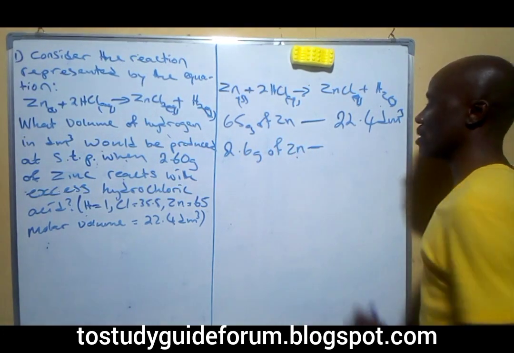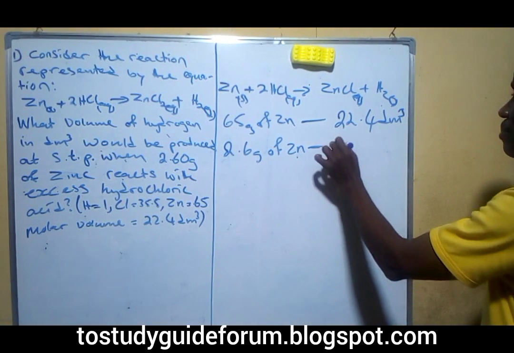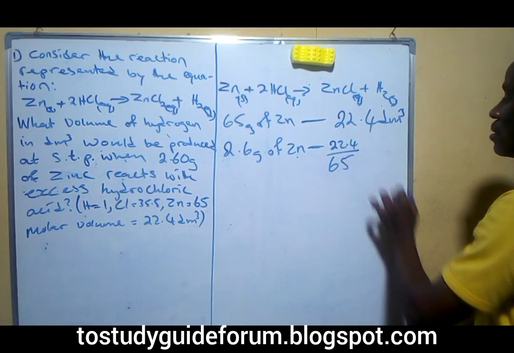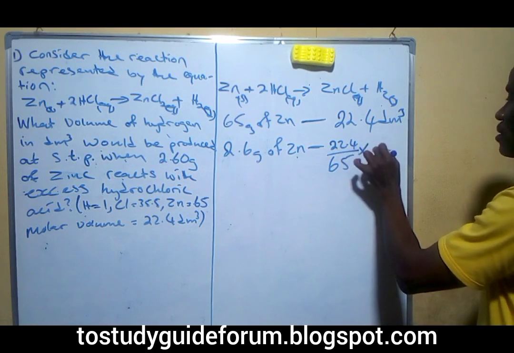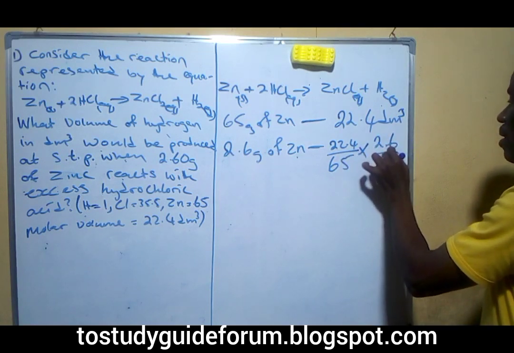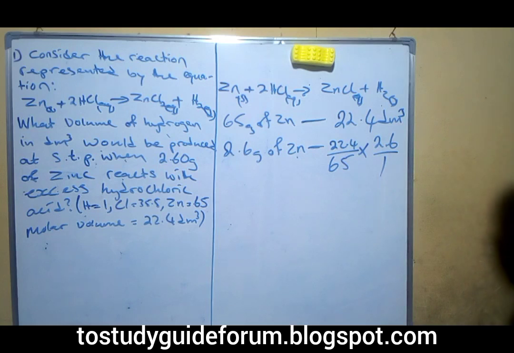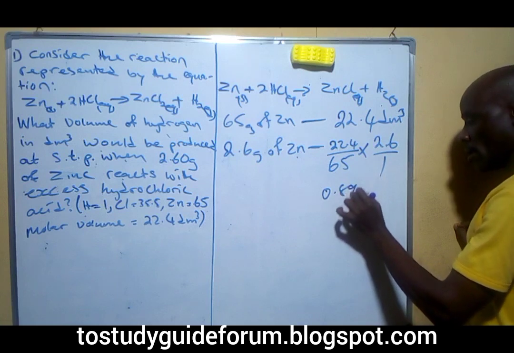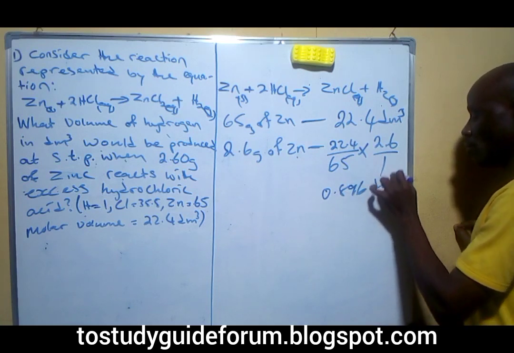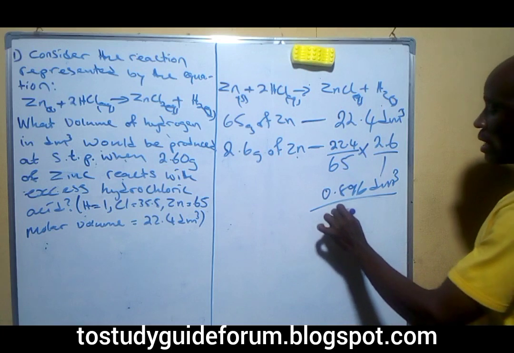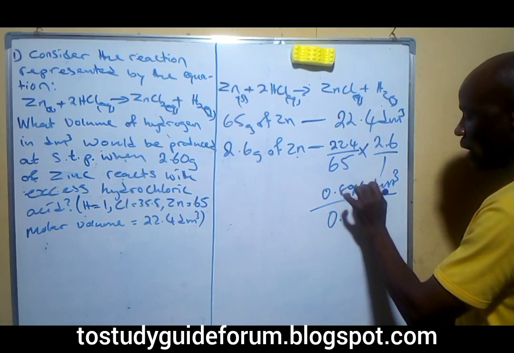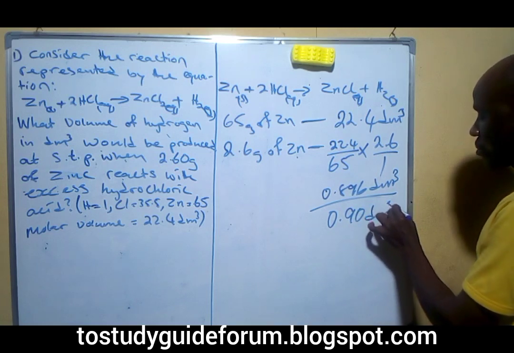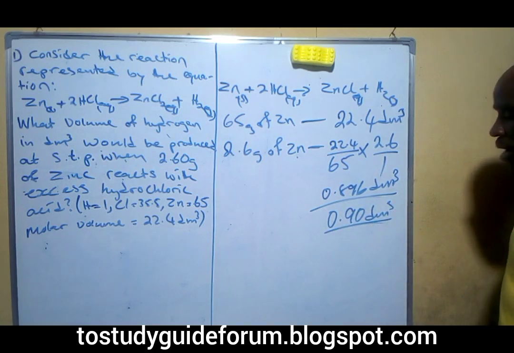What we're going to get from here will then be 22.4 over 65 times 2.6 over 1. So when we divide through, we have 0.896 dm³, or when we round up, we'll have 0.90 dm³. That is what we have.